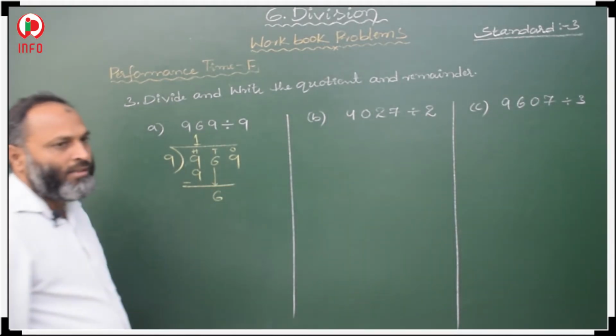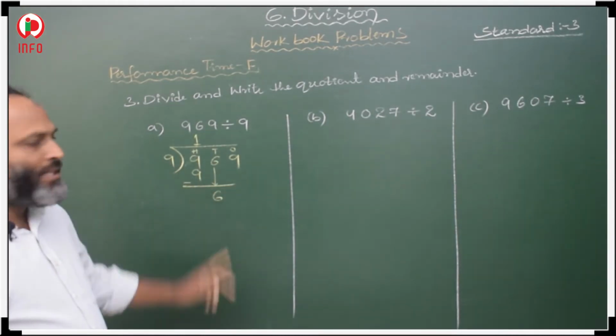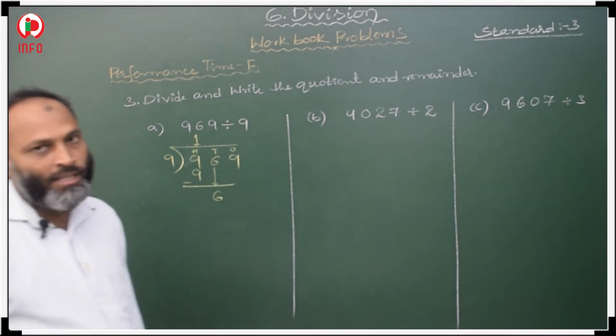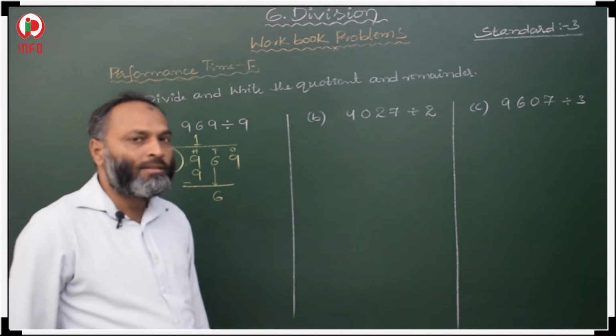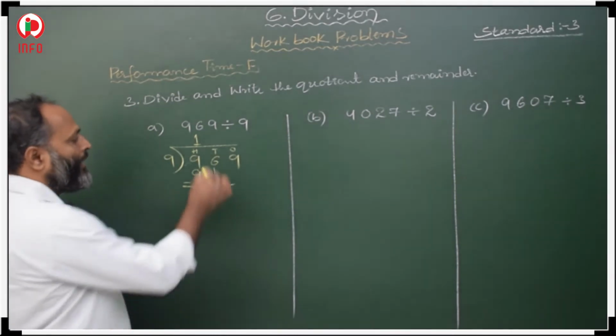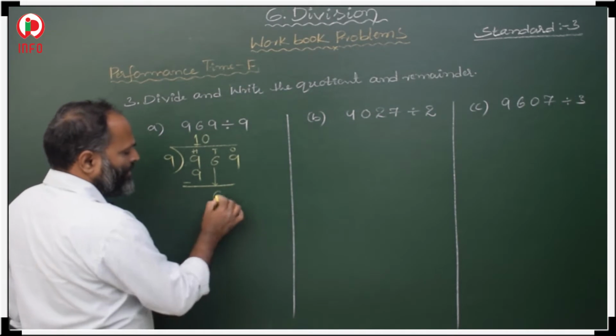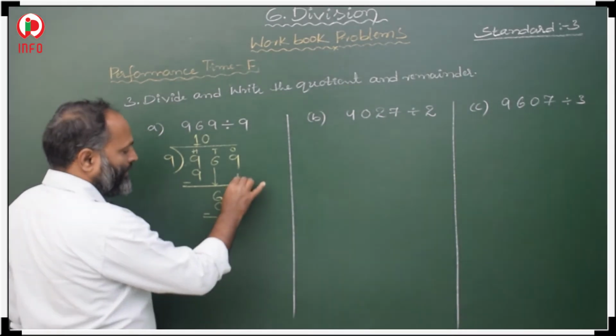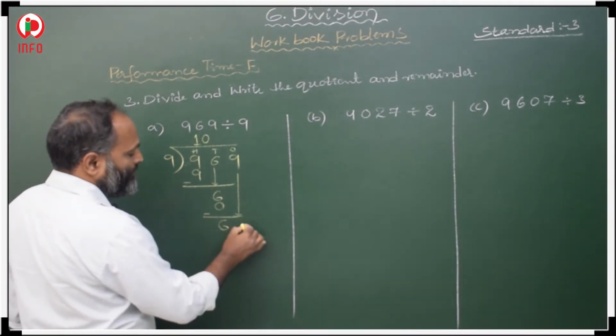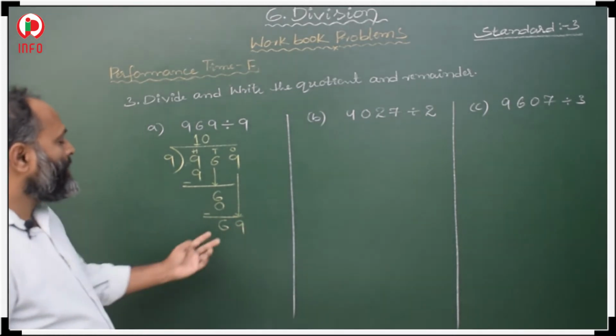What is there in the tens place? 6 tens. In the 9 table, when will you get 6, 9 1s are 9, that is greater than this 6. So 9 zeros are 0, we have to take. Then 6 minus 0 is 6. Then after that 9. Then 69.